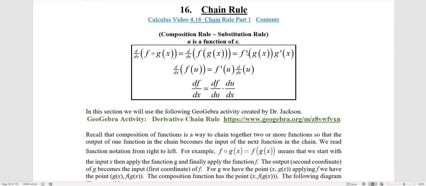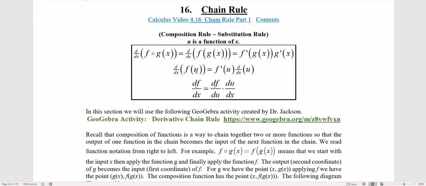What you do is you do f prime, but evaluate it at g of x, then times g prime of x. Or the way I really like to think of this is as the substitution rule, because you take your function, which is originally in terms of x, you do a substitution where u is g of x, and you replace this. So this now is the derivative of u, but with respect to x.